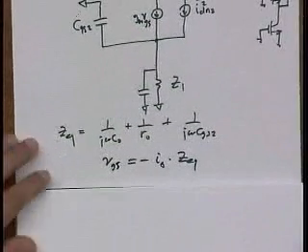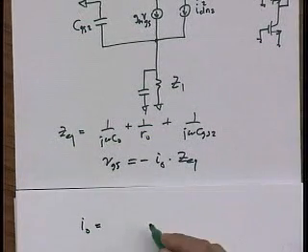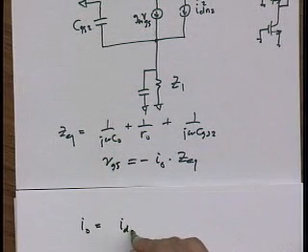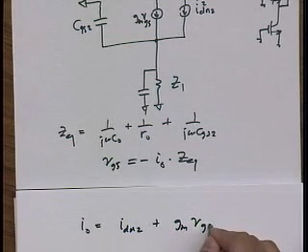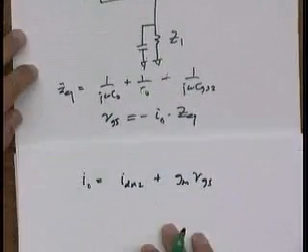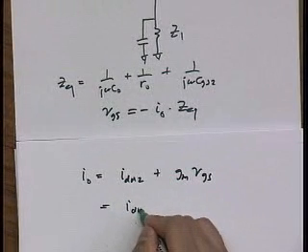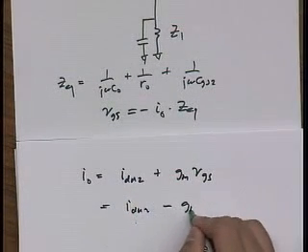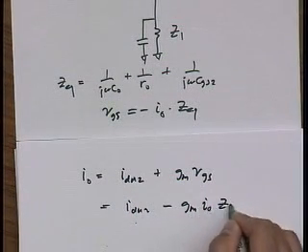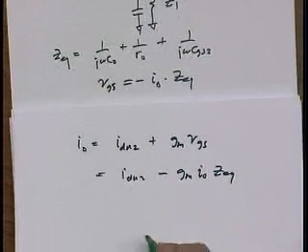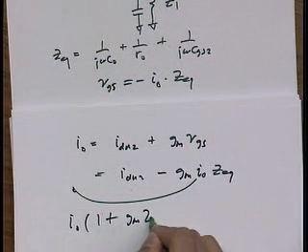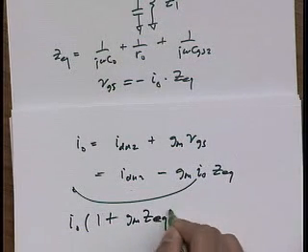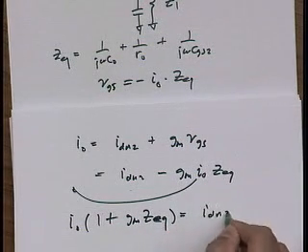So if I calculate now I/O, I/O has two components. It has drain noise of 2 plus GM VGS, but GM VGS is minus GM I/O Z equivalent. And so if I bring this over to this side, I have I/O times 1 plus GM Z equivalent is equal to I drain 2.